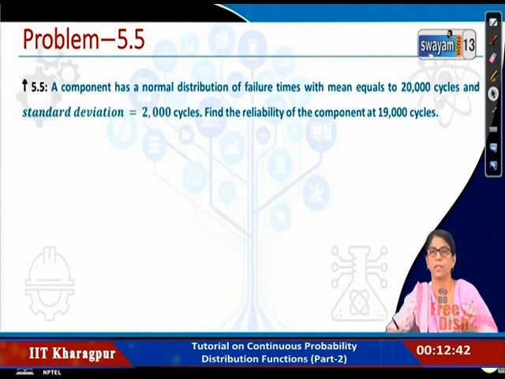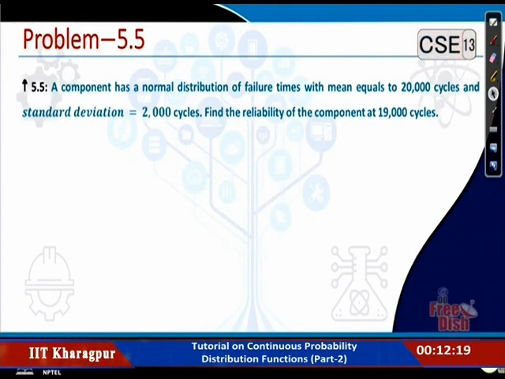So when you talk of reliability, you first find out a cumulative. When we talk of reliability, the random variable we consider is usually in terms of time, that is time to failure. Okay, so if t is my time to failure, then small f of t is my failure density function, then I get capital F of t. What does capital F of t imply? Capital F of t is the cumulative failure till time t, that means from minus infinity to t.